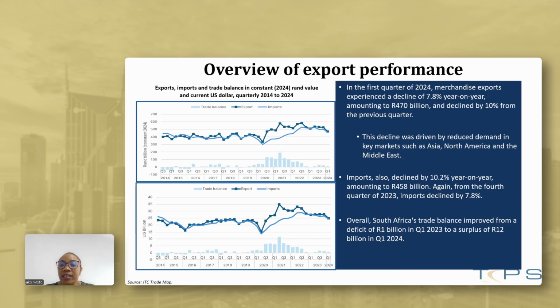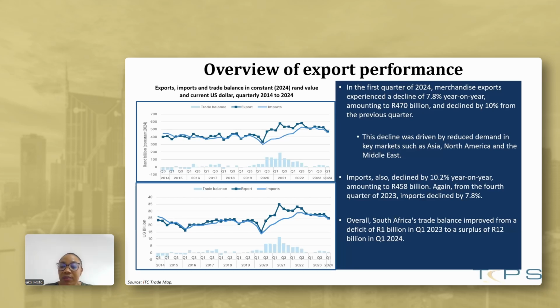This decline in exports was driven by reduced demand in key markets such as Asia, North America, and the Middle East. Imports also declined by 10% on a year basis.